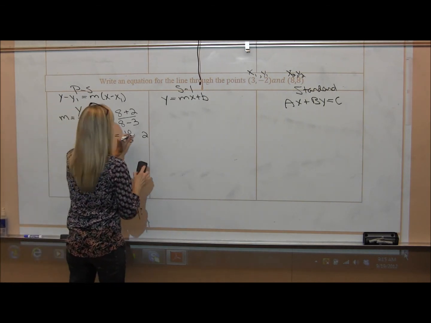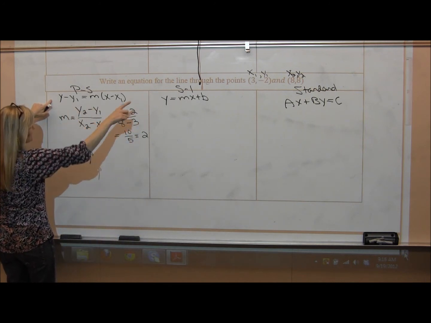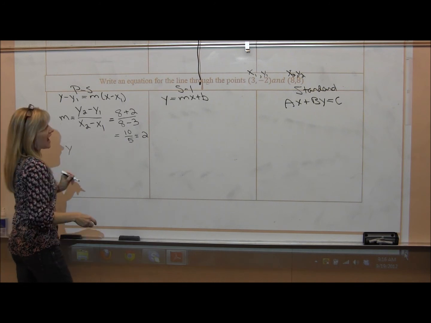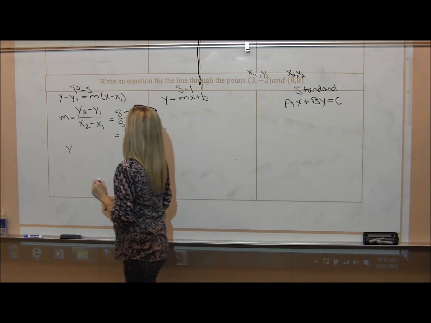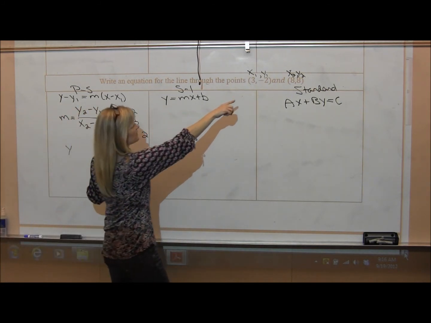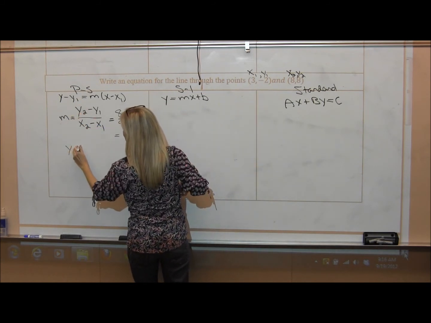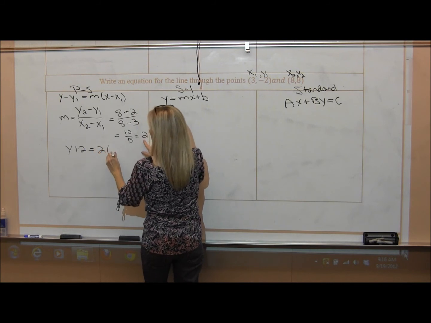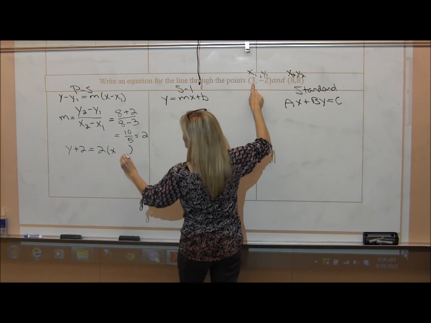Now, here's the other thing. We've got 2 points, and we know we have a slope too. So I can pick either one of these points for my formula. So I could say for my y1, if it's negative 2, y minus y1 is y plus 2 equals, here's my slope, 2 times x minus x1.